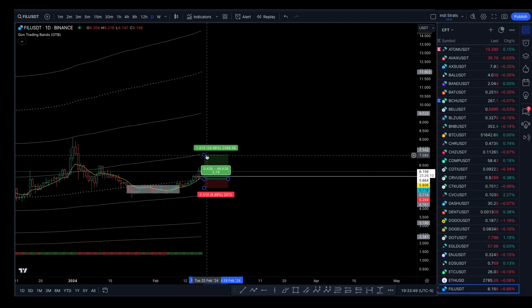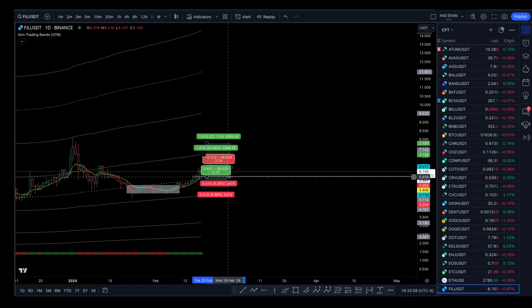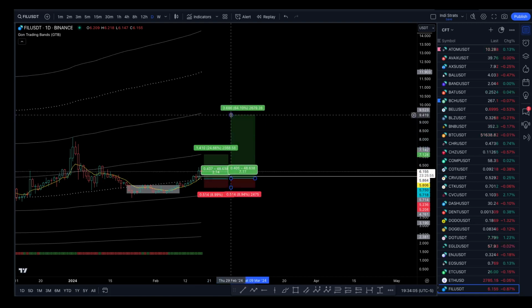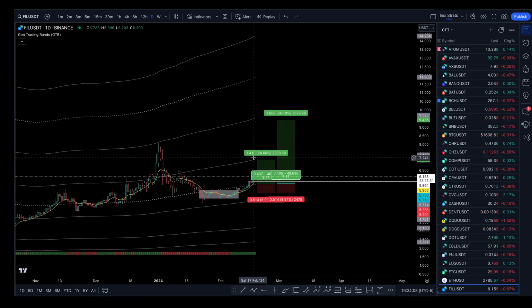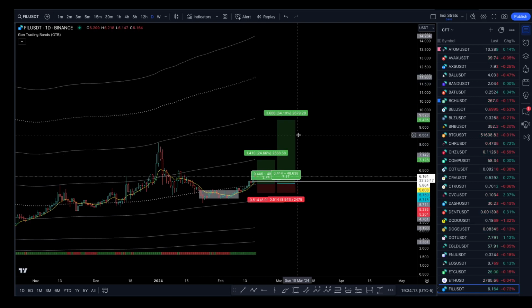Usually I will take at least 50% or something like that, depending on the strategy. And then I would have my second TP at the next band, and so on and so forth. So you can do a quarter here, 50% here, and a quarter for runners.